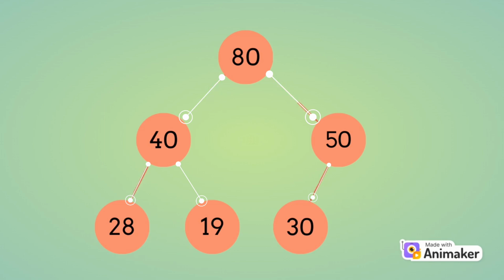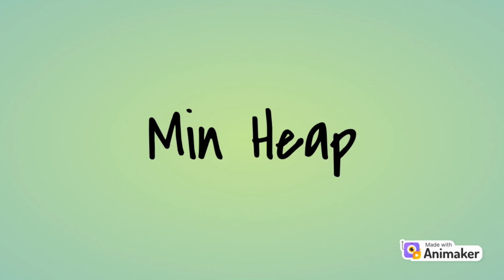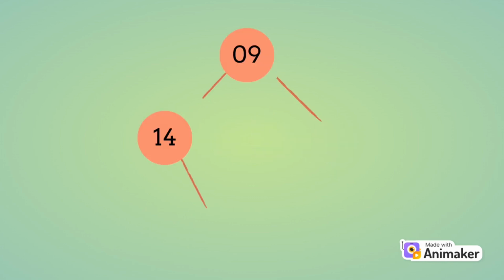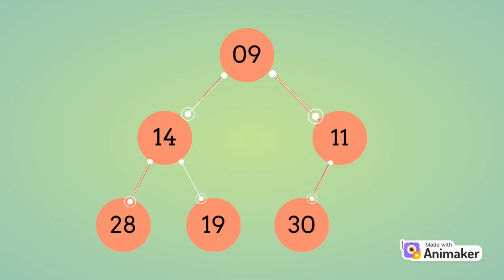So the leaf nodes have the lowest values in this tree. For a minimum heap, it's the other way around. The root node has the smallest value in the tree, and from top to bottom, the values increase as we proceed to the bottom.